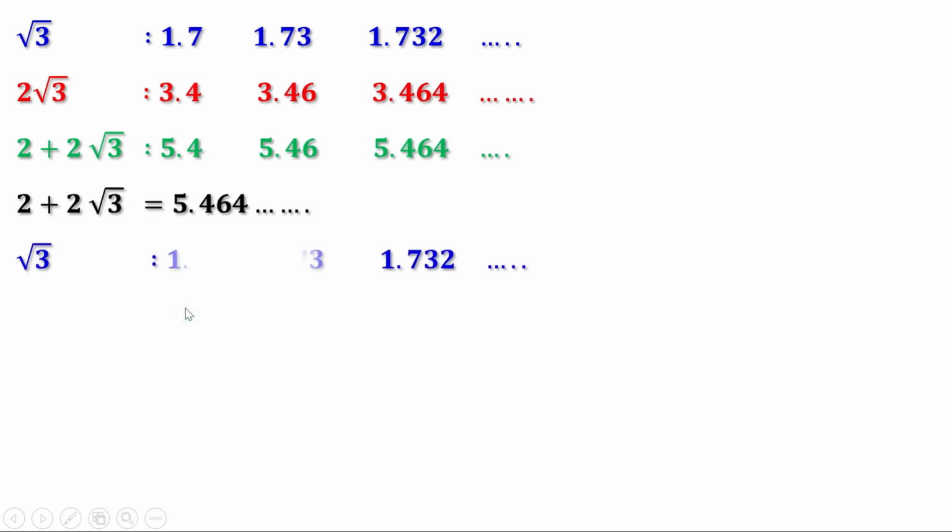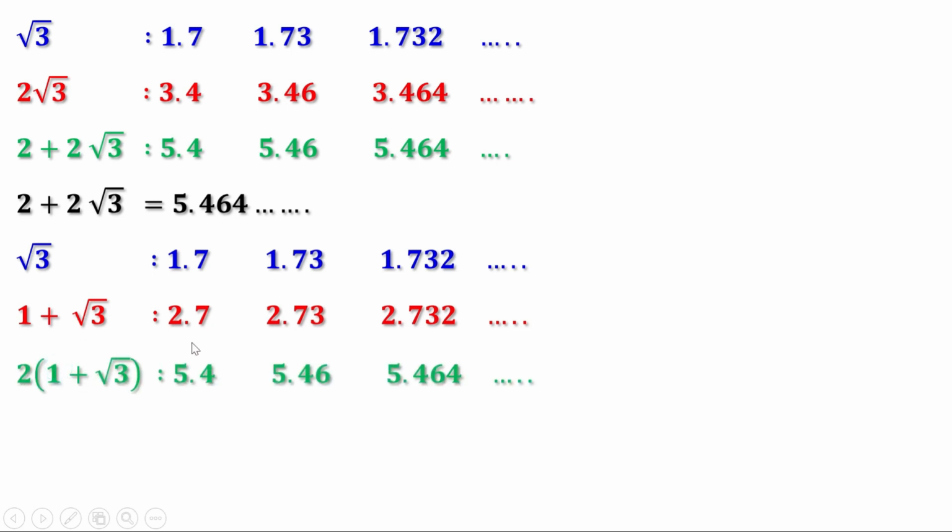Now let us take root 3 once again. What is 1 plus root 3? To get 1 plus root 3, let us add 1 to these values. Therefore 1 plus root 3 equals 2.7 or 2.73 or 2.732 etc. Now what is 2 into 1 plus root 3? When we multiply 1 plus root 3 by 2, we get 2 into 1 plus root 3.